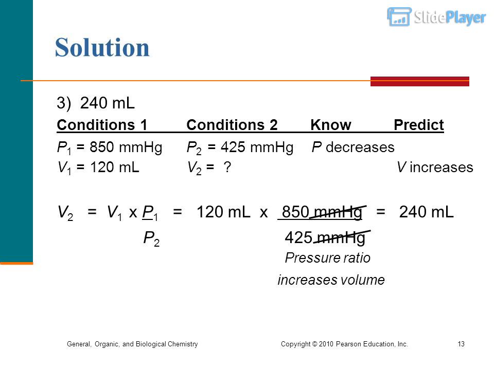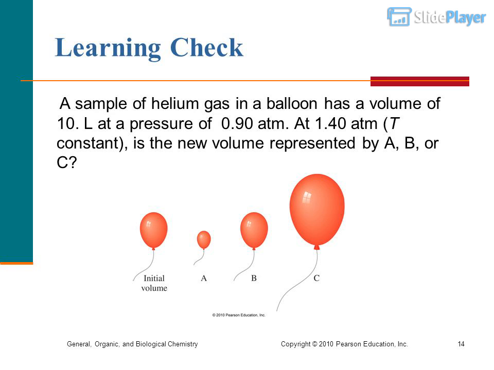V2 equals? V increases. V2 equals V1 times P1 over P2 equals 120 milliliters times 850 mm Hg over 425 mm Hg equals 240 milliliters. The pressure ratio increases the volume.